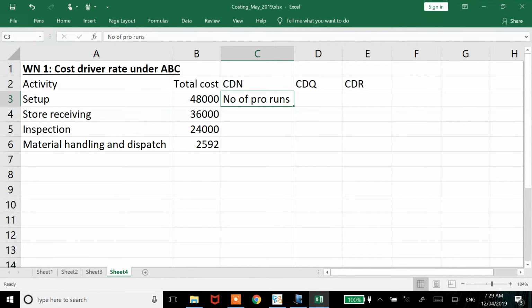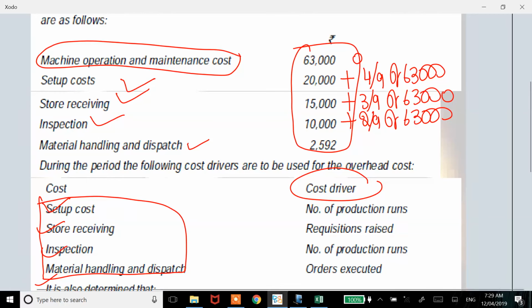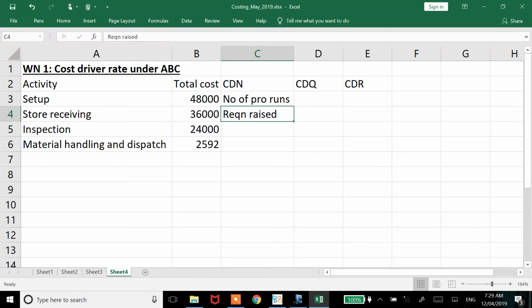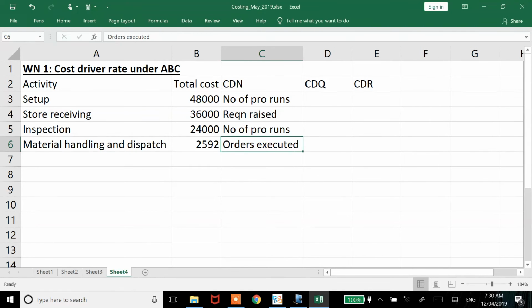Store receiving is requisitions raised, again number of production runs. Inspection can be based on inspection hours also. Material handling is orders executed. So for every cost we find a basis.